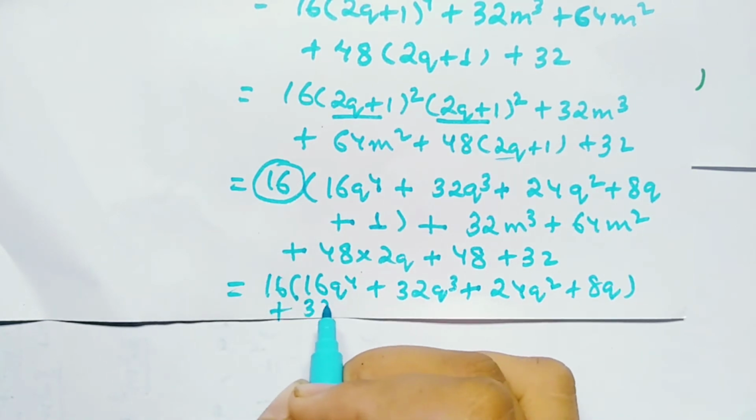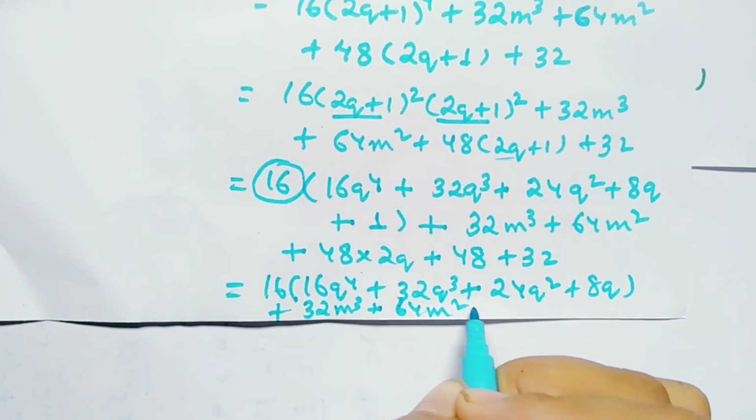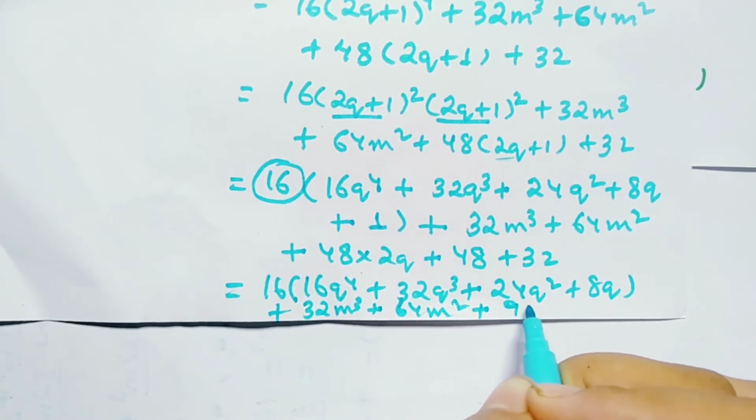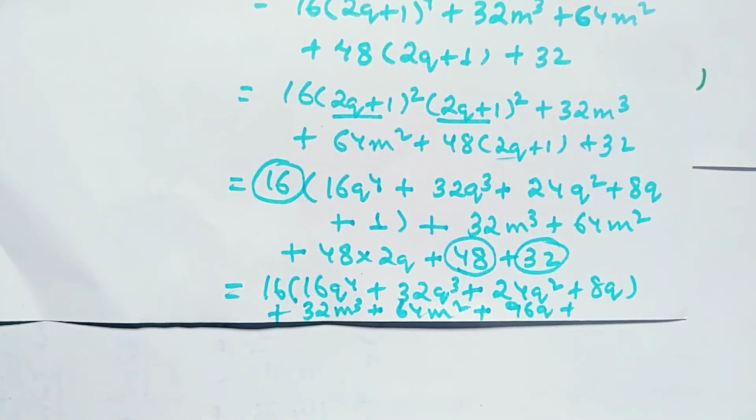And then you are left with 32m³ + 64m² + 96q + 48. With 32 we have 80, and 80 with the 16 that you get from here, you get 96.